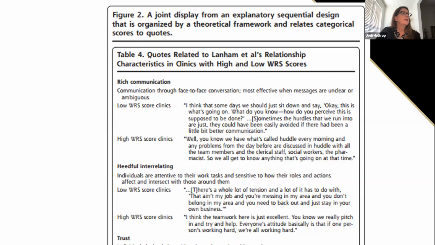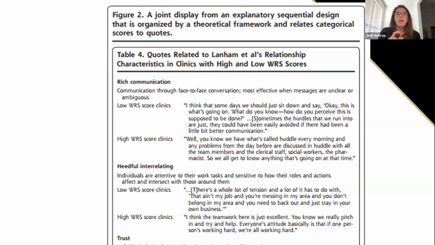So they had clinics score, this WRS score is the work relationship scale, so that they did the intervention, and then they picked out clinics that had high and low scores on this work relationship scale.